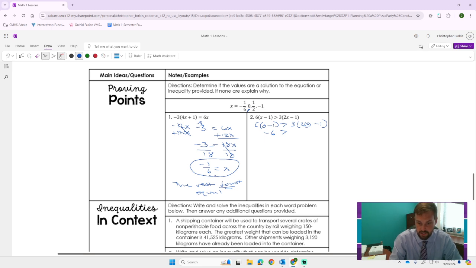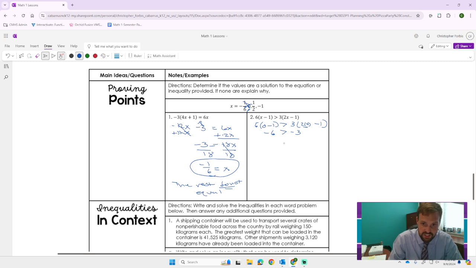Negative 1 times 3 is negative 3. So is negative 6 greater than negative 3? Well, no, it's not. So I know that 0 is not an option.